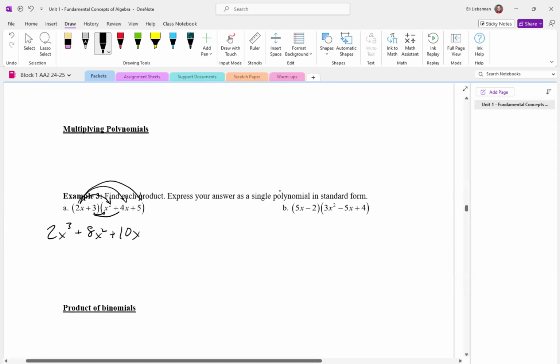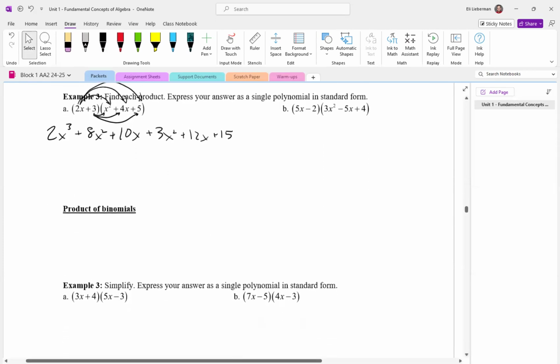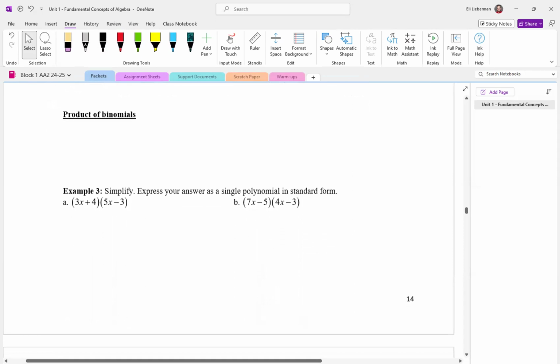And then the other ones, just don't forget to distribute everything. Plus 3x squared plus 12x plus 15. And after that, combine like terms. May I move on?